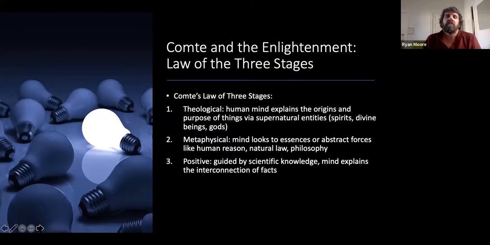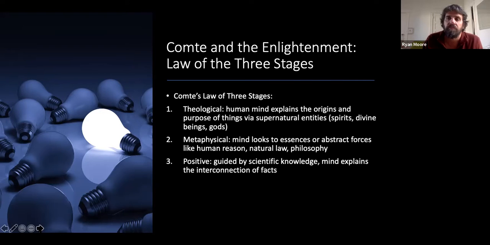So he presents this thing that he calls the law of three stages. And this is very much on a trajectory of progress. It's very clearly influenced by the Enlightenment and the scientific revolution, and the idea that science leads to social progress. So he says that societies go through these three stages.